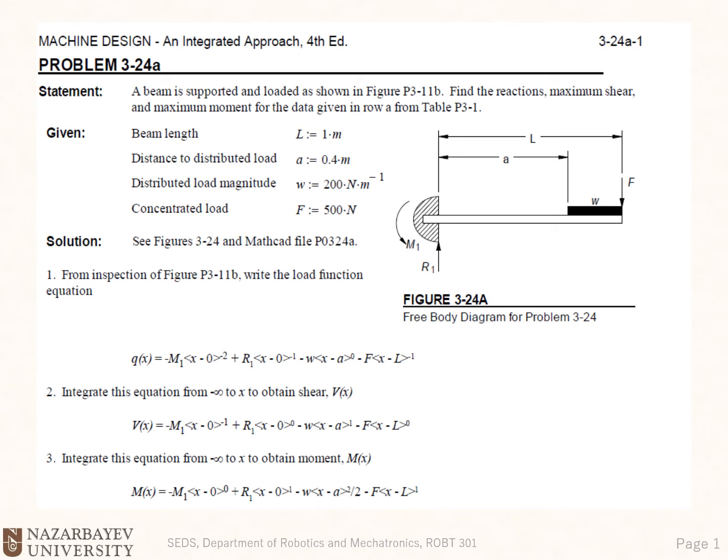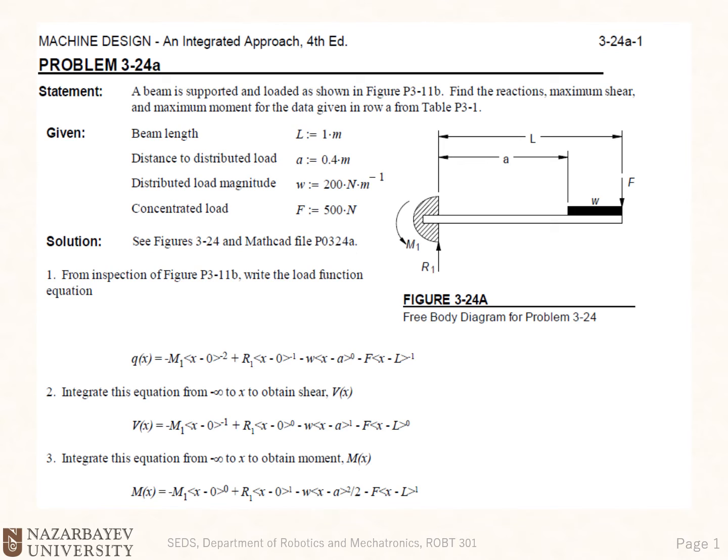And the next one will be minus f x minus l to the power of 0. When the power is 1 and above, the integral will be similar to the regular integral. Integral of singularity functions will be similar to the regular functions.